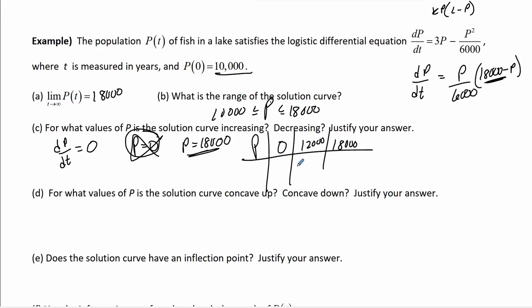If I plug that in, this is going to be 0, this is going to be 0, and this is going to be plus. Technically, if you think about it, from 0 to 18,000 is increasing, but we don't really care about that right here. We're talking about 10,000. So we can say 10,000 to 18,000 is going to be increasing.